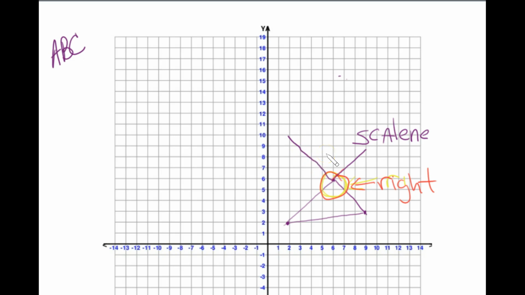This line here has a fall of 1 over 1. This one is a rise of 1 over 1, making them perpendicular. So if they are perpendicular, then I now have a right angle here, because these lines, if I extend them out, are perpendicular to each other. All right, let's move on to talk about some other things in your lesson for today.